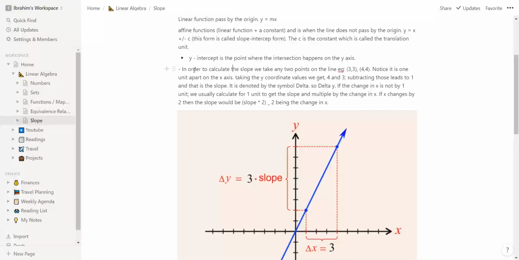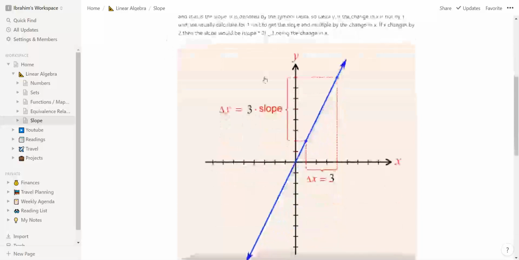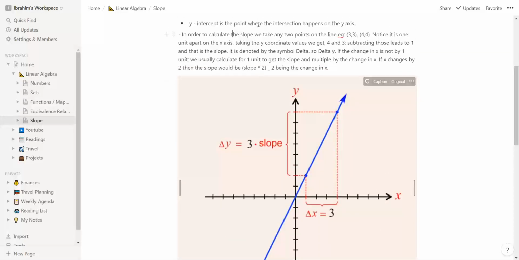In order to calculate the slope, we take any two points on the line. For example, we have (3, 3) and (4, 4). Notice they are one unit apart on the x-axis. Taking the y-coordinate values, we get 3 and 4. So we take any two points on the line, here (4, 4) and some point here.